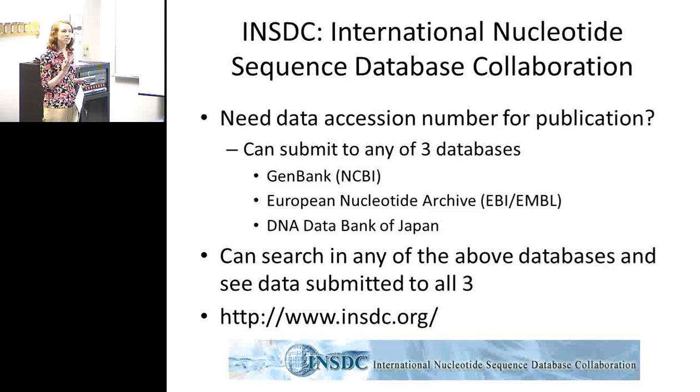Regardless of which of the 3 you submit it to, it becomes searchable from all 3. They have a collaboration to share records, so it doesn't matter which one you submit it to, it'll become findable in all 3. I think that's a neat collaboration and something you don't see very often.